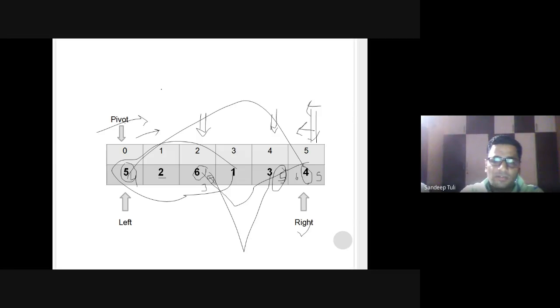So now the position of 5 is fixed, and it is at the fourth index. Now can we divide the array into two parts? How? First will be 0 to 3, and the second will be only 5.